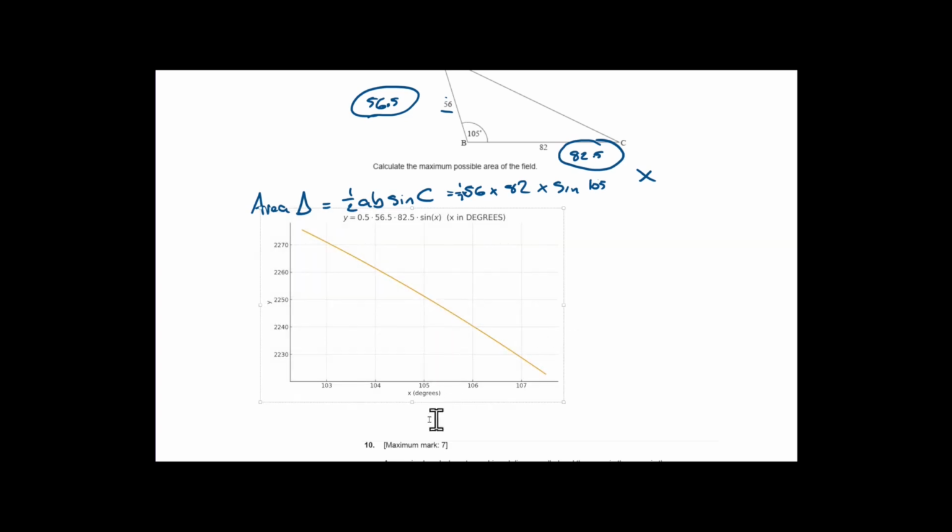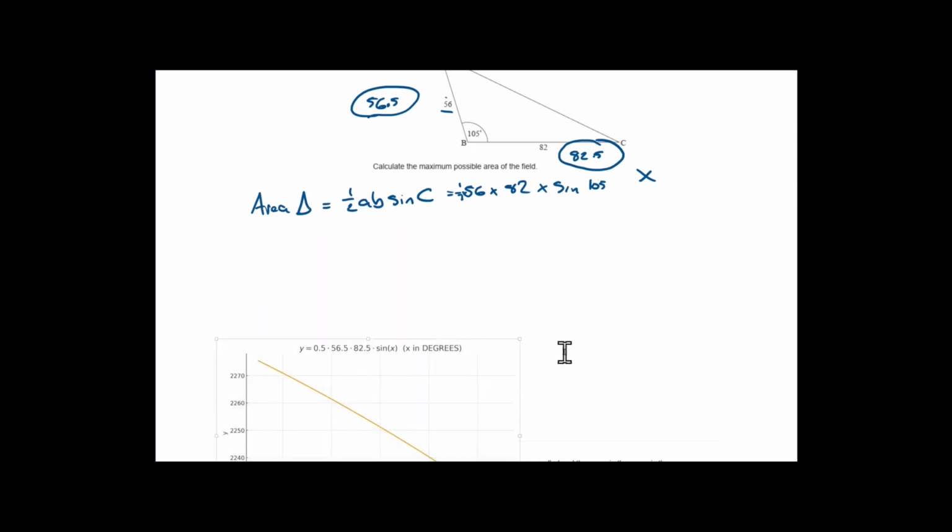So this is sine of this, but only between the values that are allowed, between 102.5 and 107.5, which are the thresholds that we've got. And we see that it's maximized at the lower number, which is kind of counterintuitive.